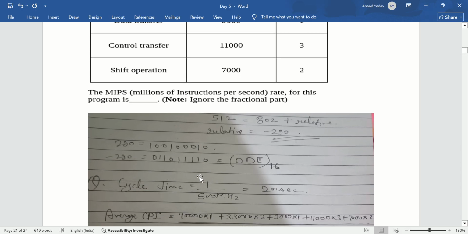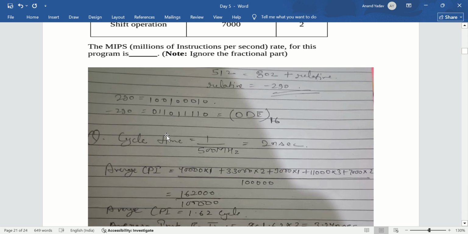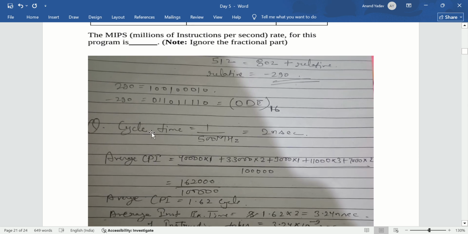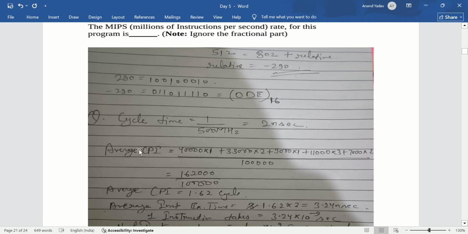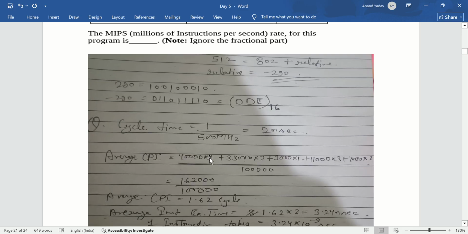For calculation of MIPS, we first calculate the cycle time of one instruction, 2 nanoseconds, then calculate average CPI. Average CPI means types of instruction multiplied by cycles in one instruction. We calculate the sum of overall cycles, total cycles divided by number of instructions.